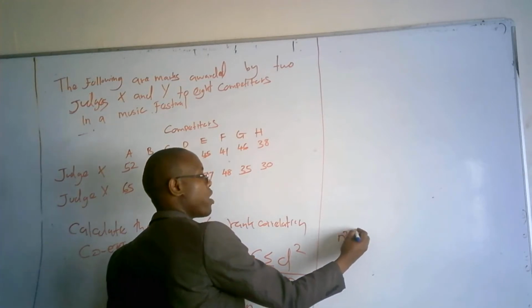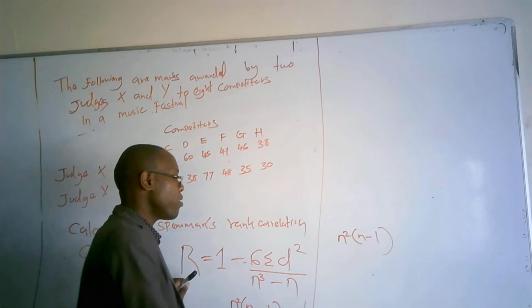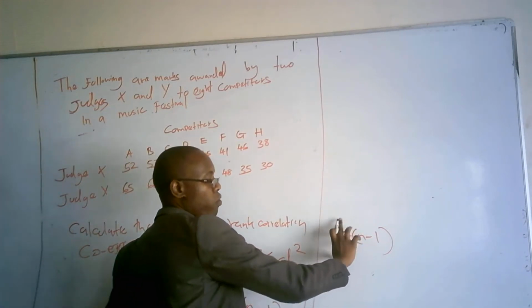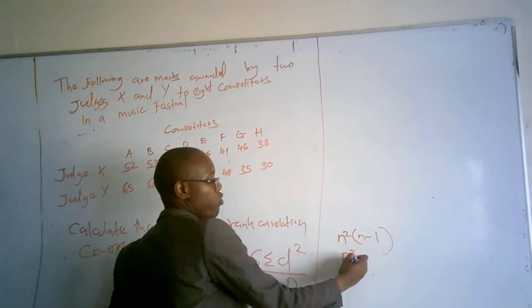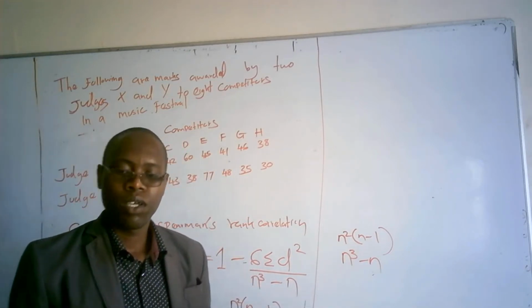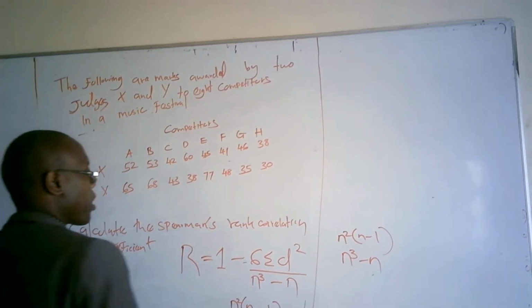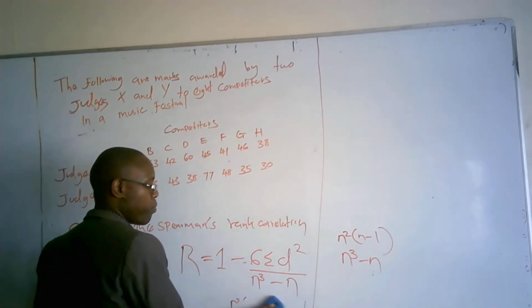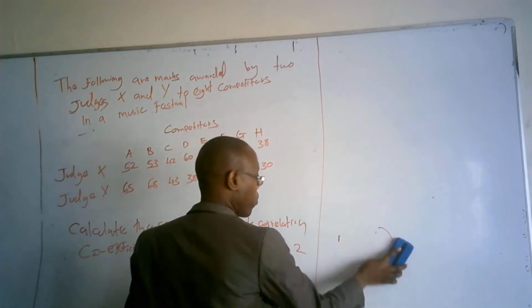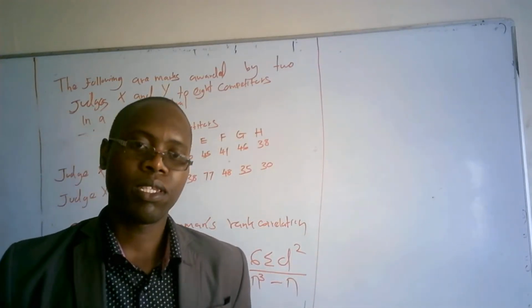If you open this bracket, it's going to be n cubed minus n, so whether you use n squared into bracket n minus 1 or n cubed minus n, the answer you arrive at will be the same.